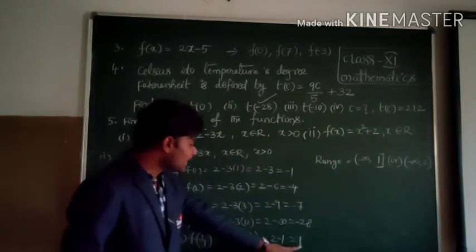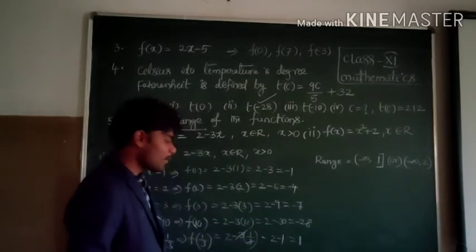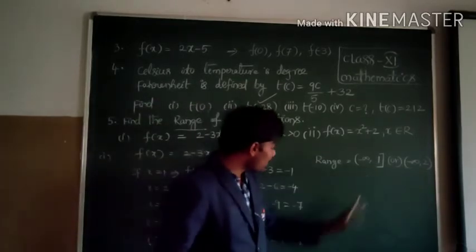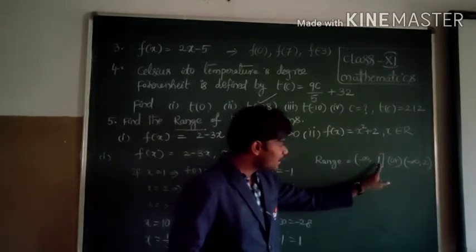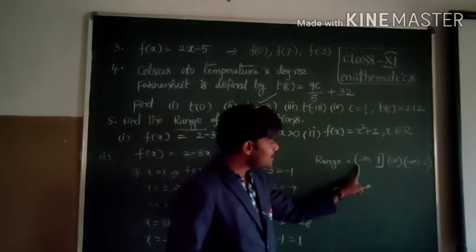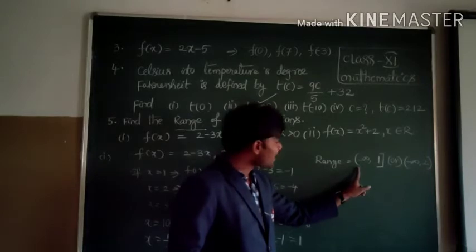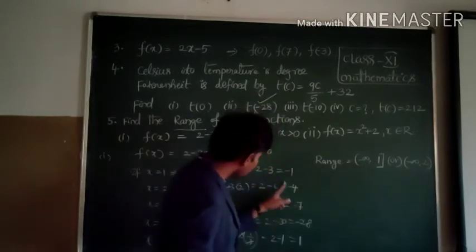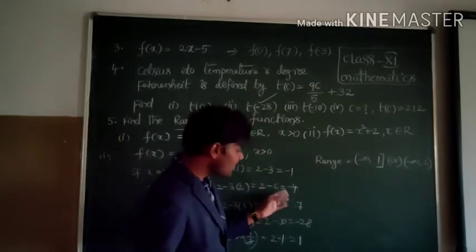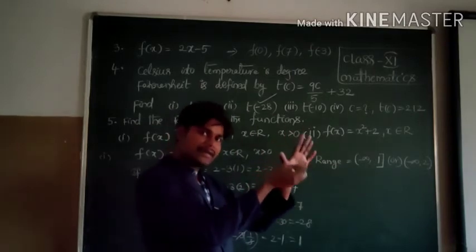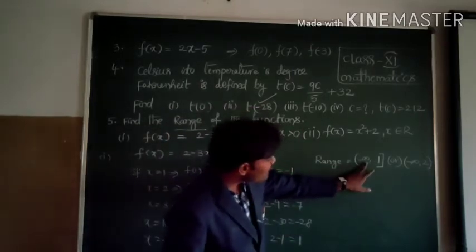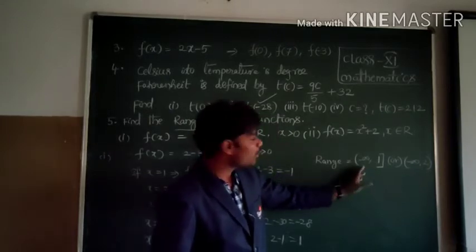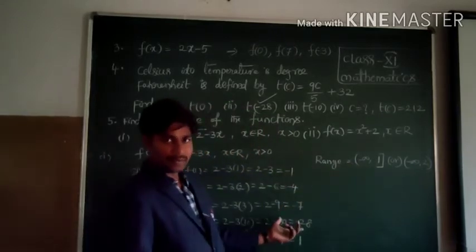Here you get 1 for a certain value, so 1 is also included. A closed bracket means you include this value, and an open bracket means you exclude it. Minus 1, minus 4, minus 7, minus 28, and so on, the negative values will come. That's why we consider this minus infinity. We don't know what the maximum value is, right?